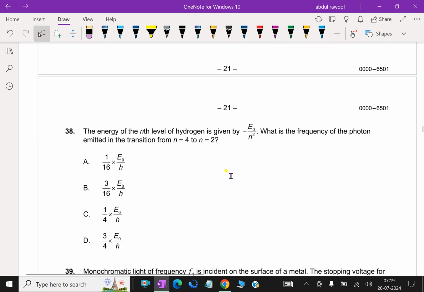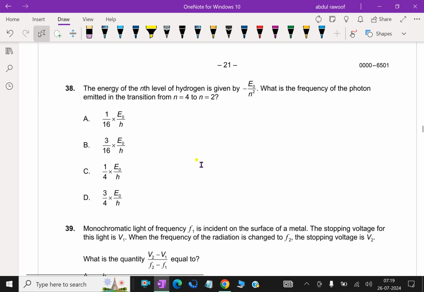Next question. The energy of the nth level of hydrogen is given by minus E0 over n squared. What is the frequency of the photon emitted in the transition from n equal to 4 to n equal to 2? This is E0 over h into 1 over 2 squared minus 1 over 4 squared.